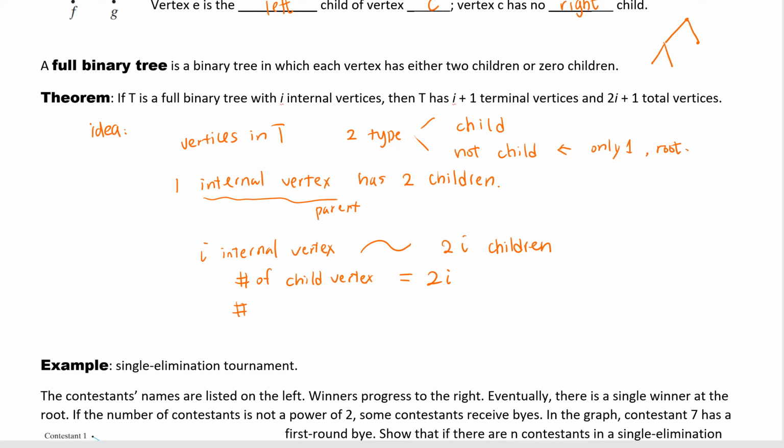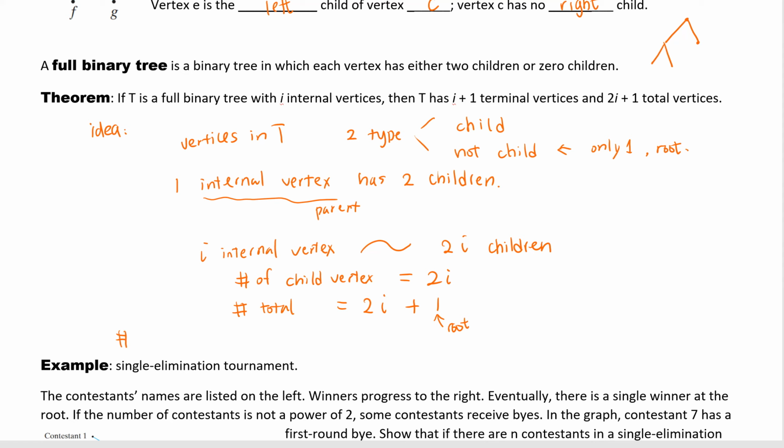Then what is the total number? The total number of vertices equals the 2I child vertices plus 1, which is the root. The root is not a child. So this is the total number of vertices.